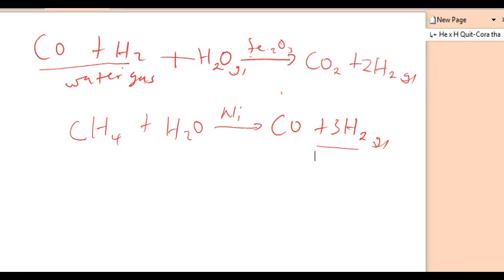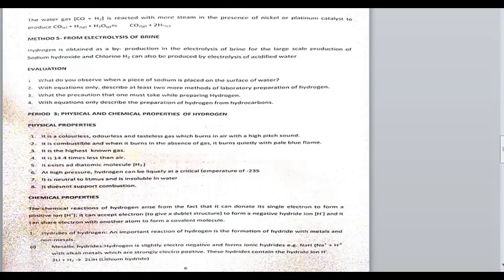Now we will be looking at the physical properties of hydrogen. First, hydrogen is a colorless, odorless, and tasteless gas.